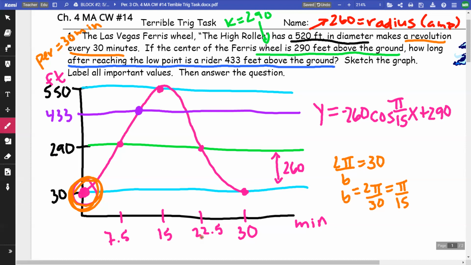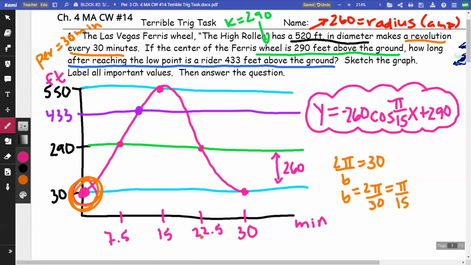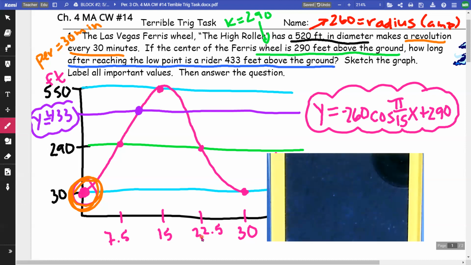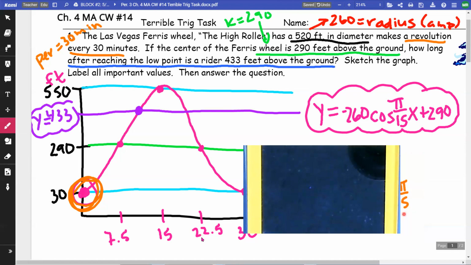So that's my equation. What I'm going to do now is put this equation into my graphing calculator in y equals, making sure it's in radians. And then I'm going to put the line y equals 433. I'll put that equation in. So let me get that into my graphing calculator.